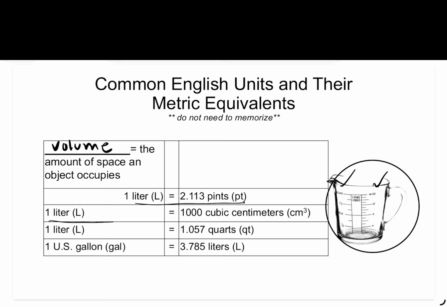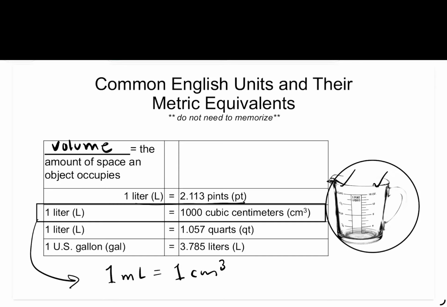This one's really useful, and I'm going to rewrite 1 liter equals 1,000 cubic centimeters. I'm going to rewrite that one because we will definitely want to know that one and memorize it. Is that 1 milliliter equals 1 centimeter cubed. Sometimes it's called cc's.